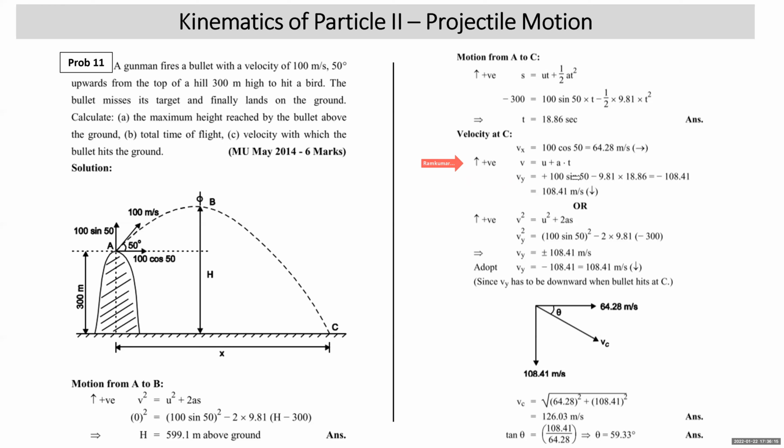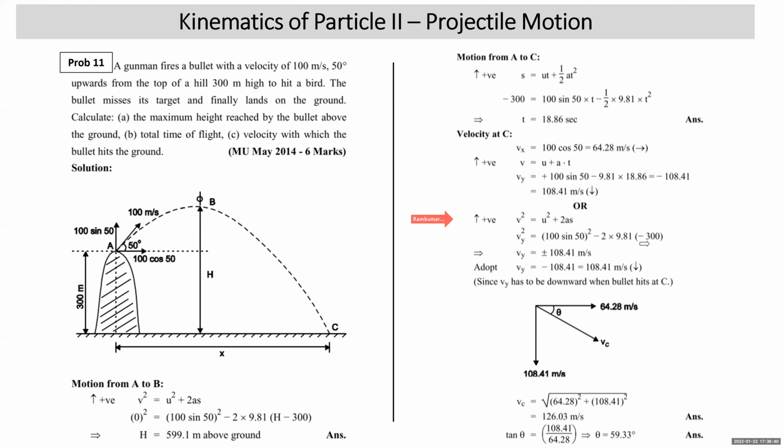Actually, you have already got the vertical component of velocity and the horizontal component of velocity. Directly, you can find the resultant velocity by drawing this diagram. But I have shown it. There is another way of getting the vertical component of velocity also. So we write v square is equal to u square plus 2as. Upward positive. V stands for Vy square. Initial vertical component of velocity is 100 sin 50, square, minus 2gh.